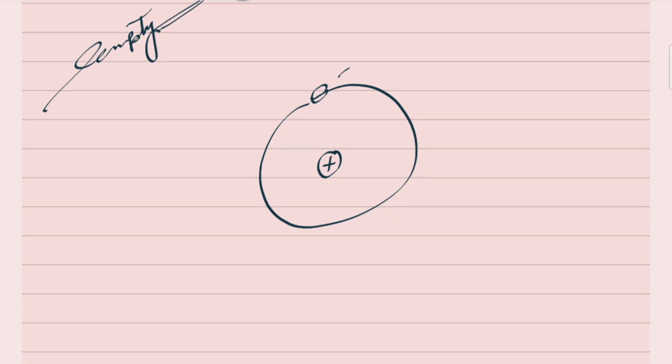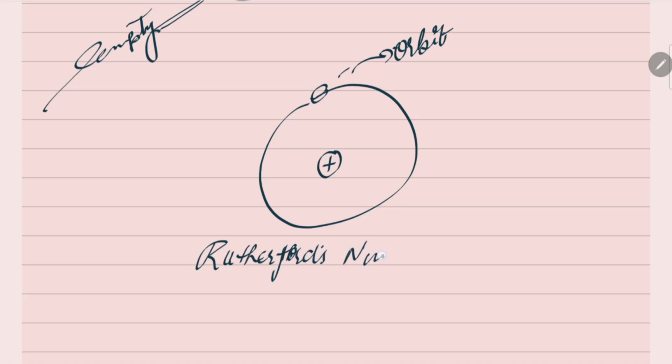So these electrons are also moving in an orbit. This was Rutherford's nuclear model.